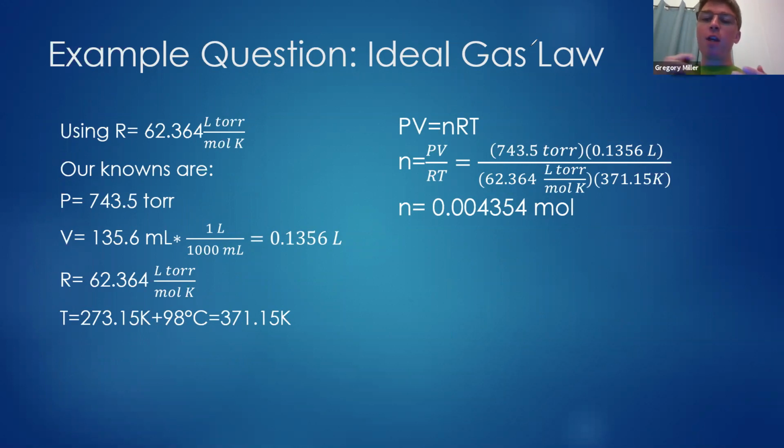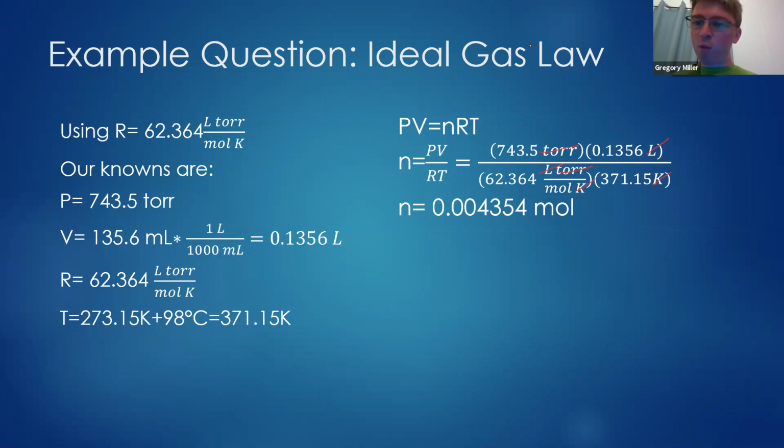So again, the units you use and the ideal gas constant you use don't matter as long as all of them match. As long as you can do dimensional analysis and all of your units cancel out, torr cancels with torr, liters cancels with liters, Kelvin cancels with over Kelvin.